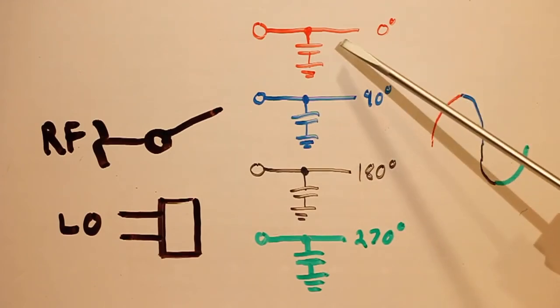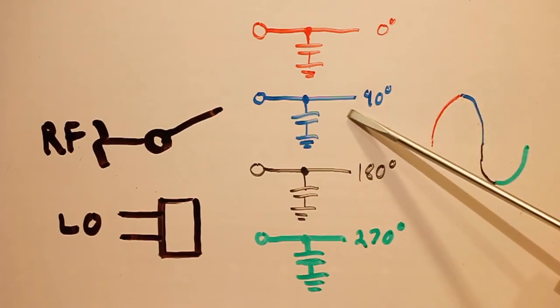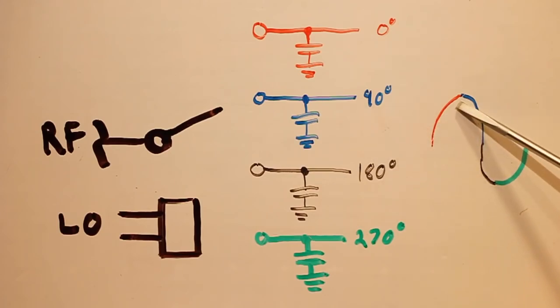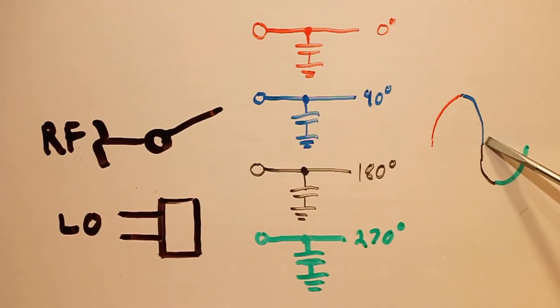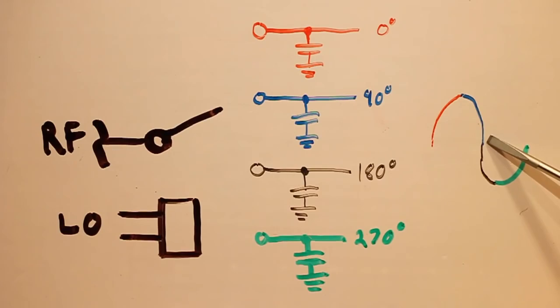And so when we switch over to the second output, that first output will be stuck at this peak voltage value. Likewise, the second output that starts sampling at 90 degrees is going to see this quarter cycle voltage, and it's going to stop sampling here because we're going to switch over to this third output. And so it's going to be stuck at 0 volts because this is the 0 volt potential of the signal.